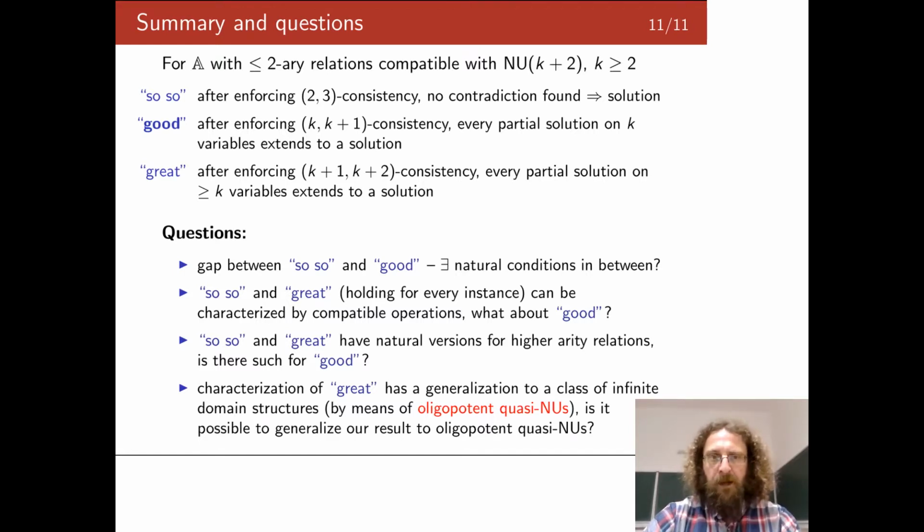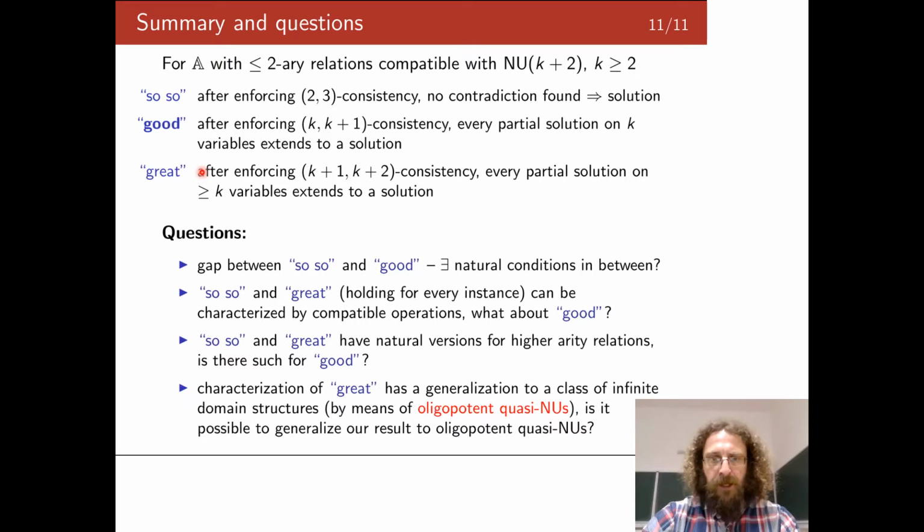To wrap up, I have 4 questions. There is a gap between (2,3) and (k, k+1), and the question is whether there is some natural condition or natural conditions that can be placed in between. The second question is that the first item and the third item have characterizations by means of compatible operations.